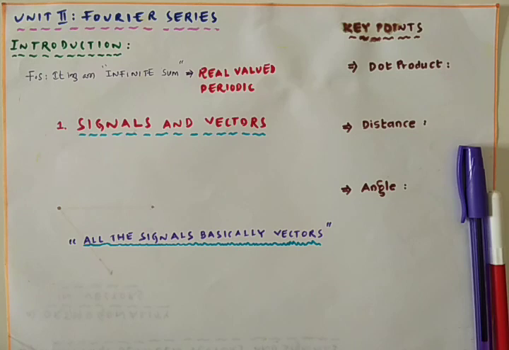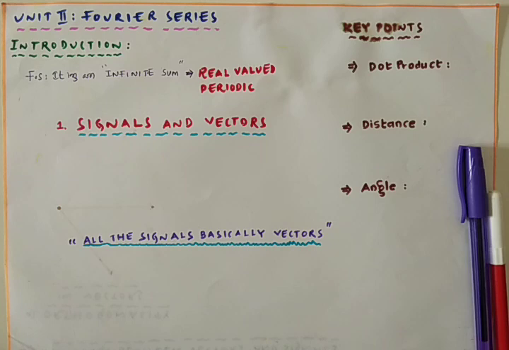The speed, 70 kilometers per hour, is the magnitude, and the direction is towards Warangal, so that is the vector.